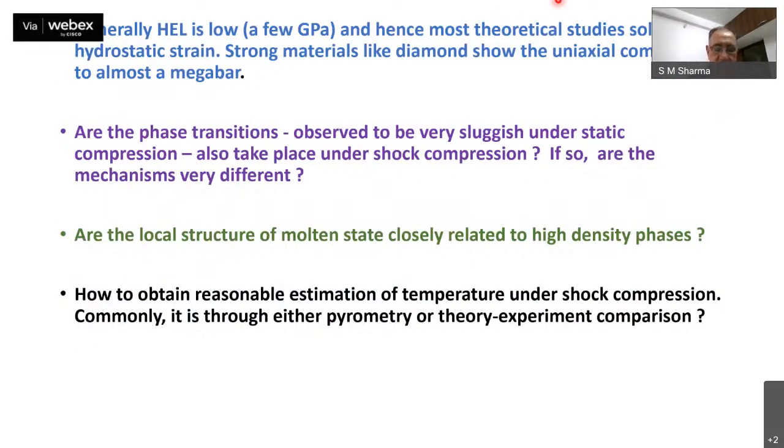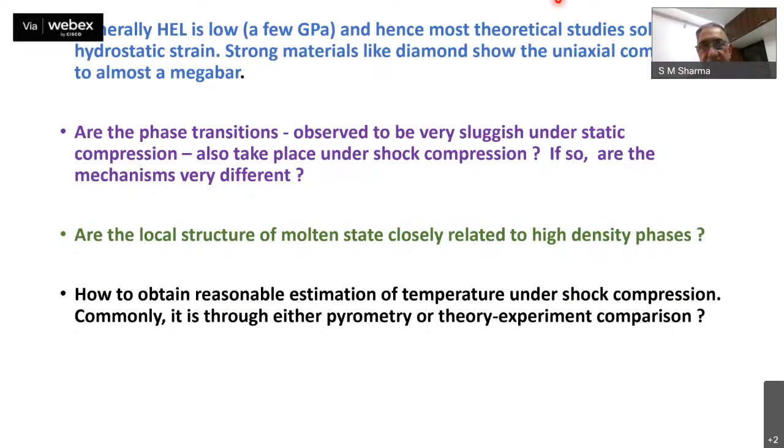Now, generally, the Hugoniot elastic limit of the materials, specifically metals, is rather low, a few GPa, and hence most of the theoretical studies which deal with the shock compression of solids mostly presume that the microscopic strain is hydrostatic.